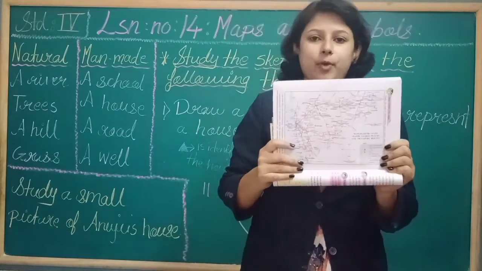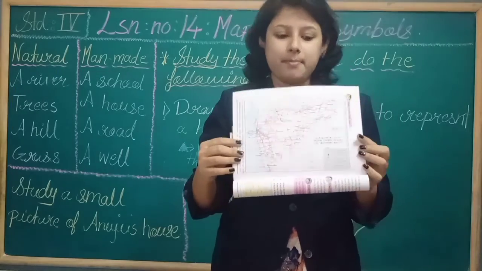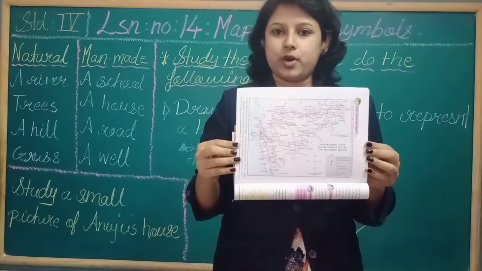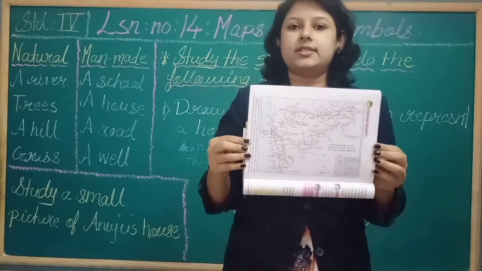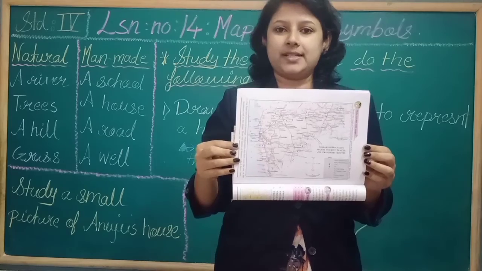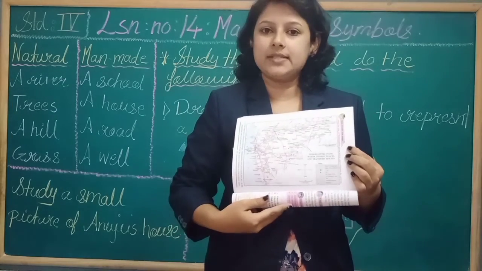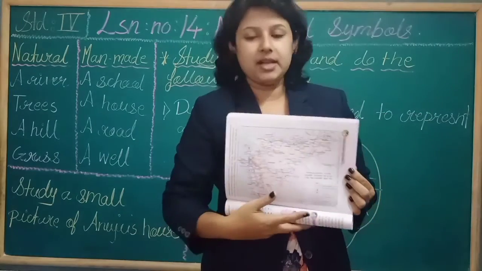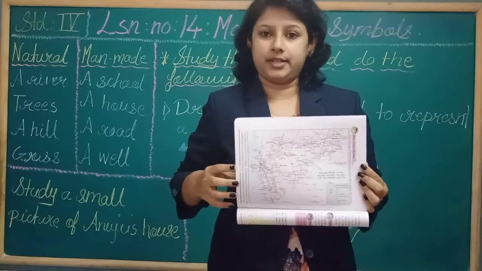This is the map of Maharashtra. All of you can see, this is the map of Maharashtra. In Maharashtra, there are many places, many districts, villages, rivers, everything. So, how will we identify those places? You can see here in the corner, certain symbols are given to certain places. For example, a symbol is given for the caves, the forts and every other thing.